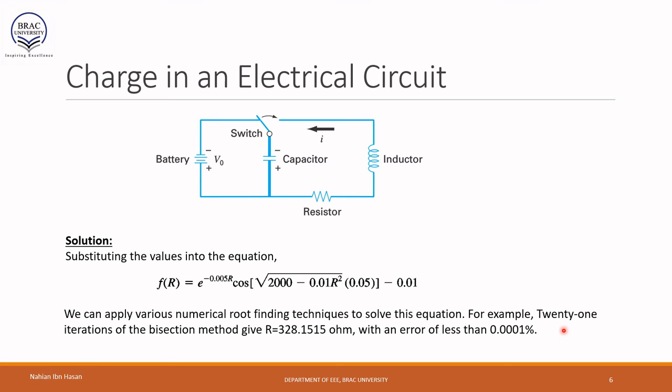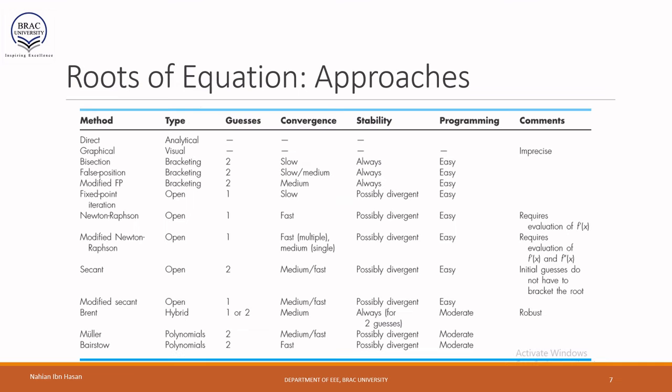For example, after the 21st iteration using the bisection method, we will get a value of R to be 328 ohm with an error of only 0.0001%, which is very accurate. So we can say that the bisection method gives a very convincing result, R equal to 328 ohm approximately, with a very low error. So that's the answer to this problem.